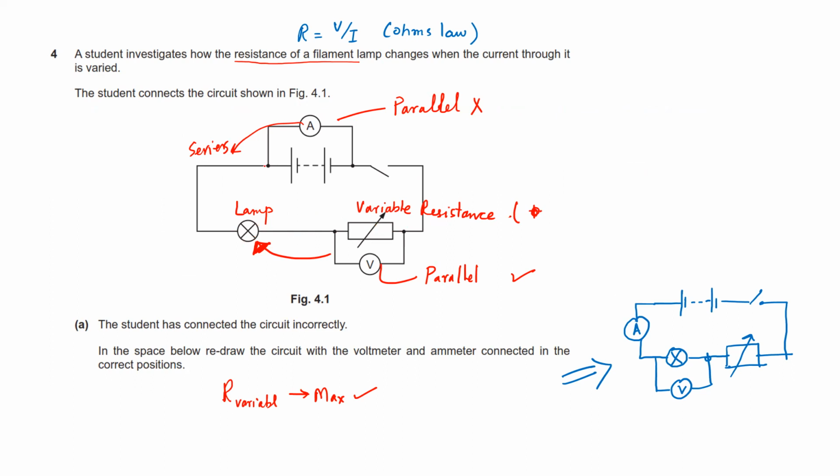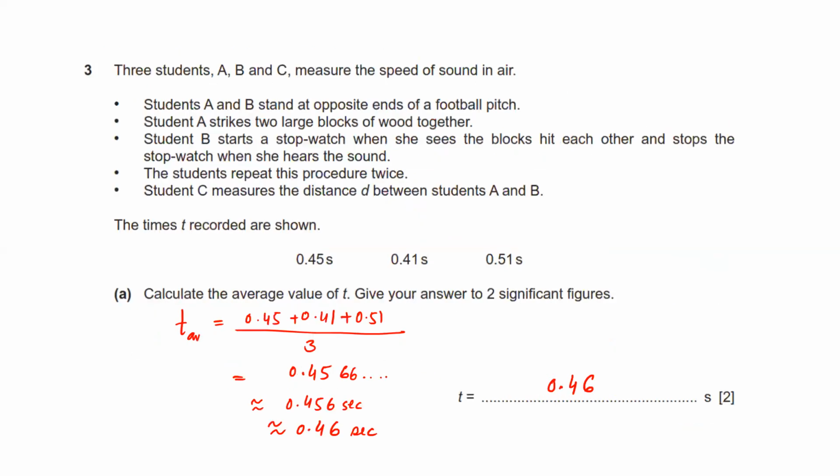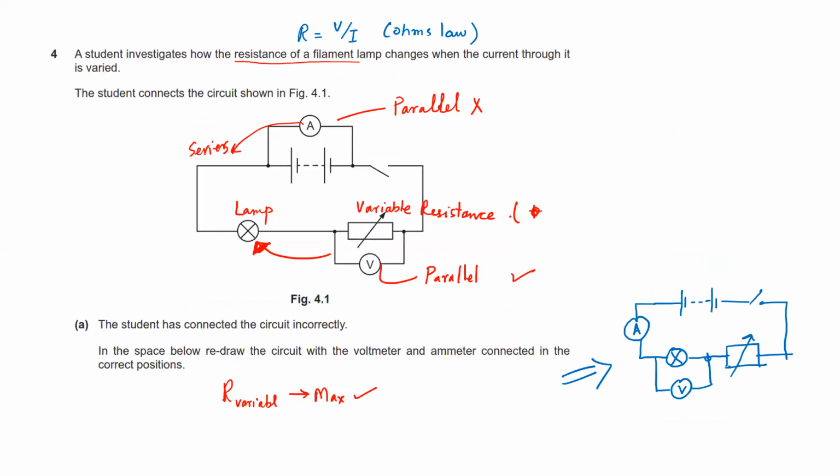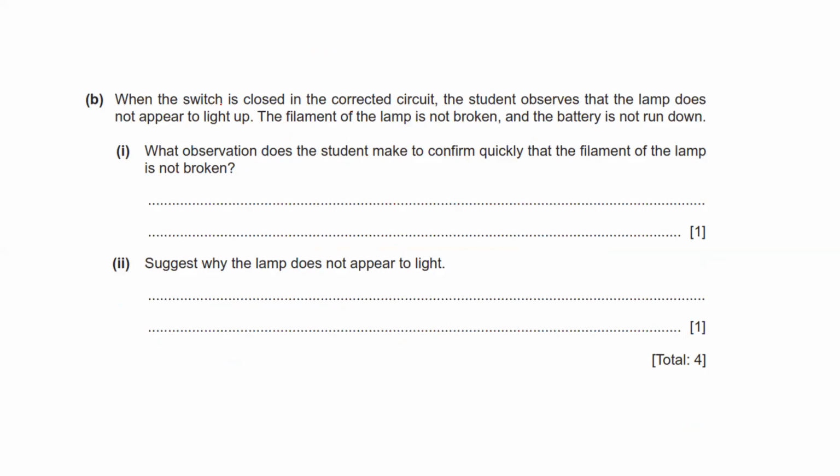So it says, part B1, what observation does the student make to quickly confirm that the filament of the lamp is not broken?